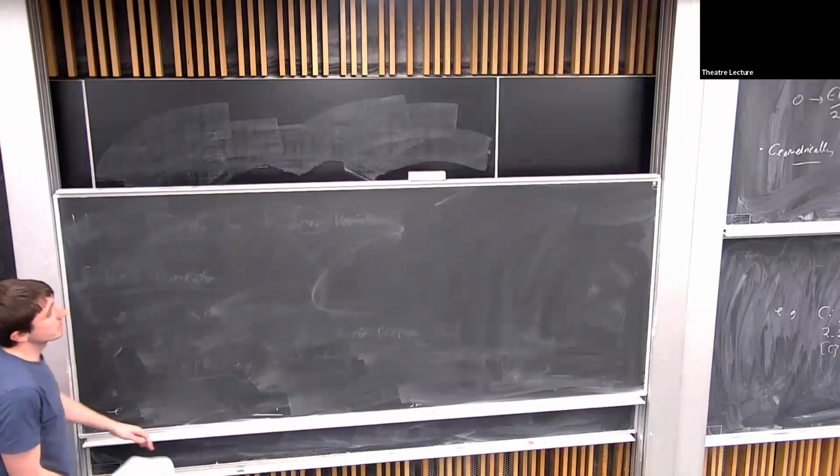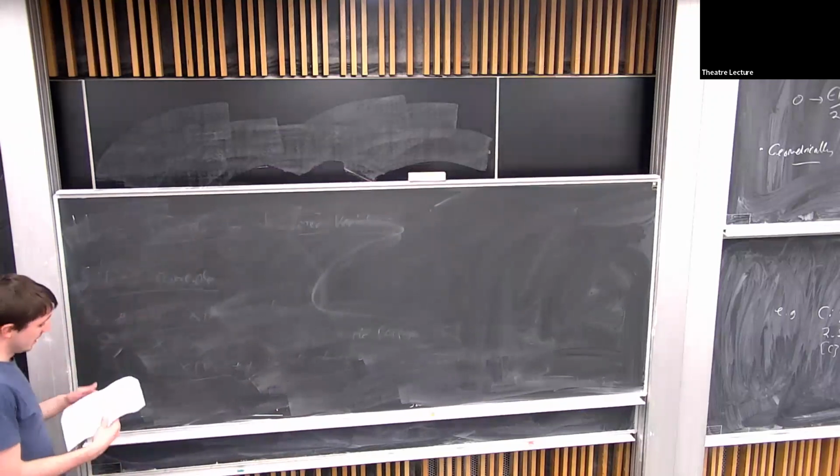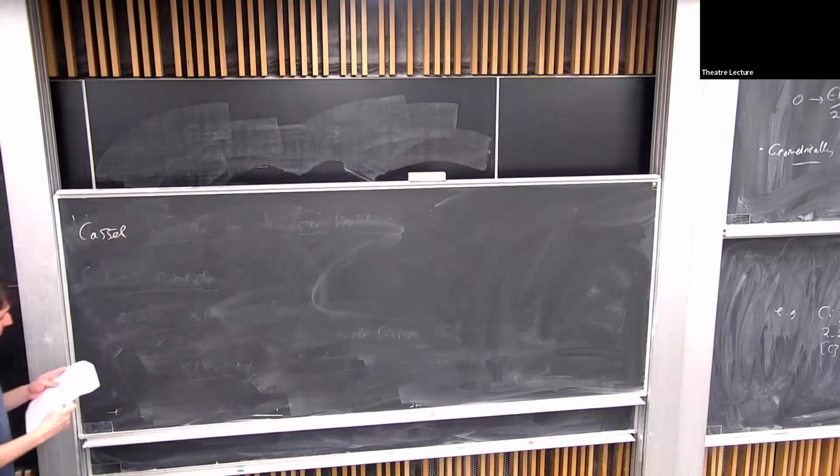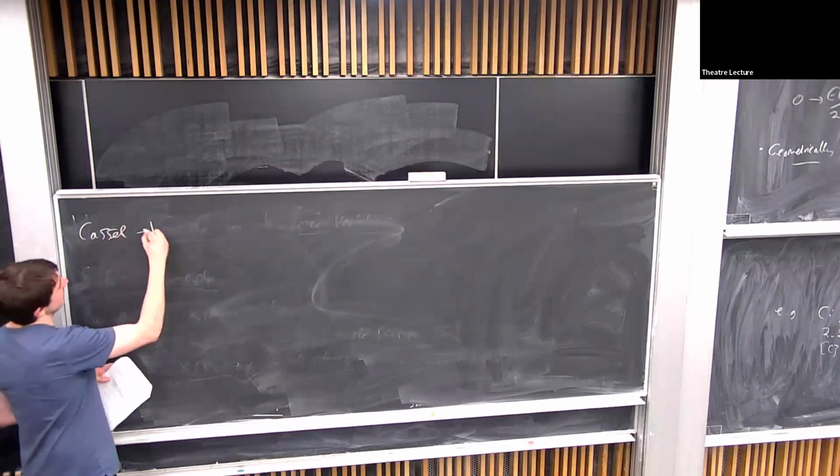Okay, the last bit before I start talking about more general varieties: the last bit of structure I want to talk about, in terms of where Selmer groups and Shafarevich-Tate groups are concerned, is the Cassels-Tate pairing.